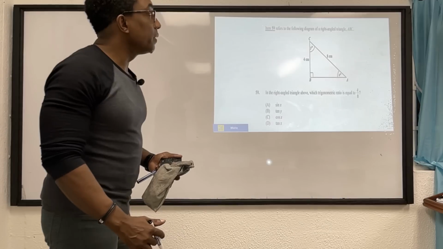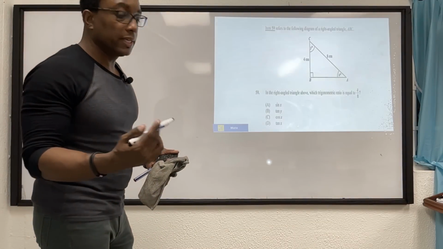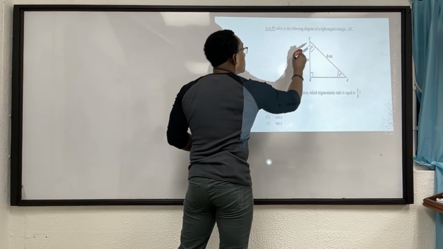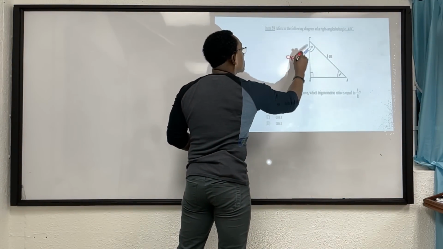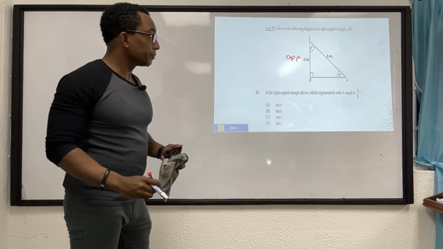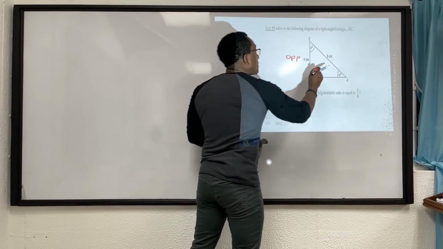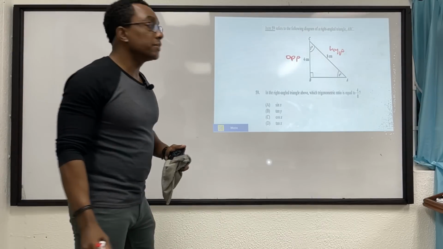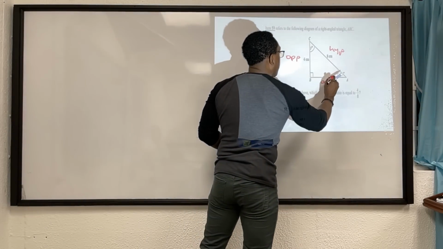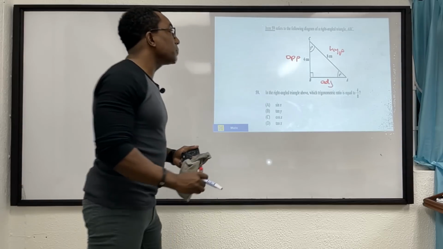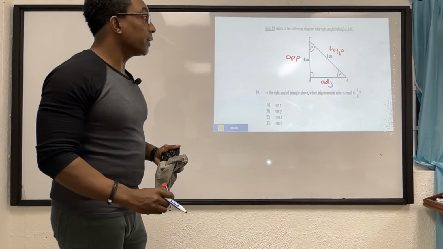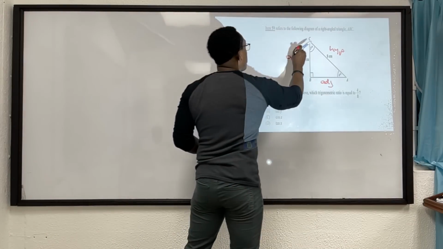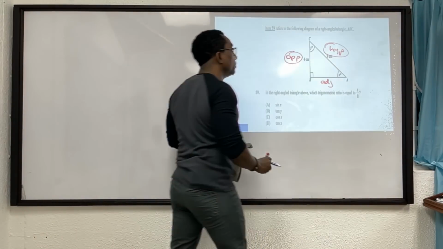Again, we are using our trigonometry, so we can label the sides of this right angle triangle. This side opposite the acute angle x is my side opposite. The side opposite the right angle is the hypotenuse, and the remaining side is the adjacent side. The two sides we have information for that can help us achieve the ratio 4 over 8 will be the opposite side and the hypotenuse.